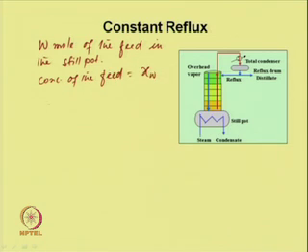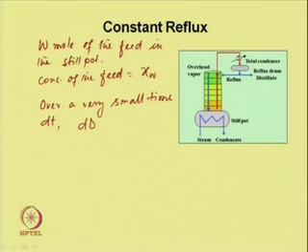Assume a very small time period dt. Capital D is the distillate with composition x d, and W is the still pot amount with composition x w.